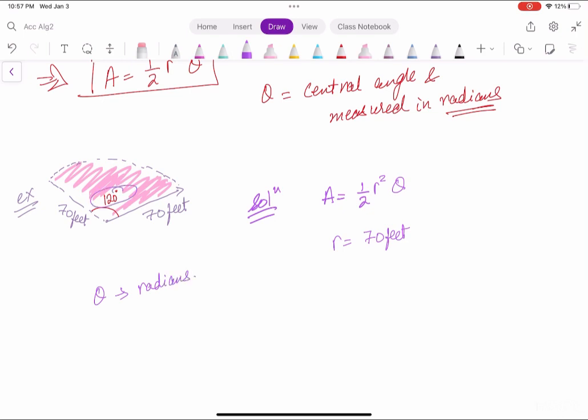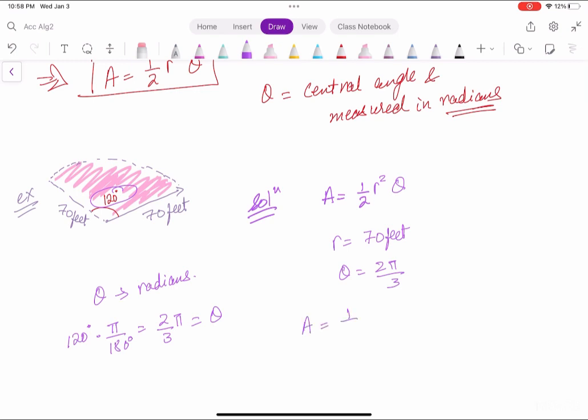So let's convert it. It will be 120 degrees times pi over 180 degrees, and that will give you theta as 2/3 pi.